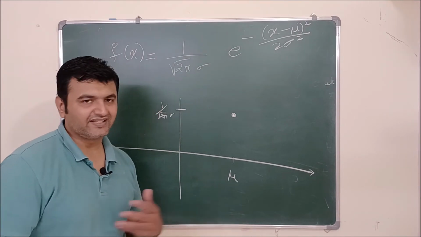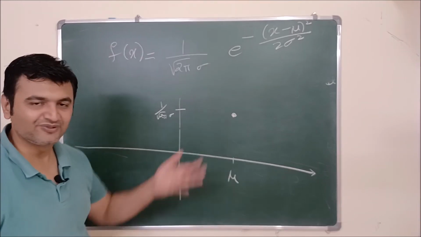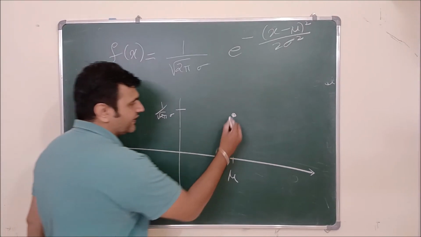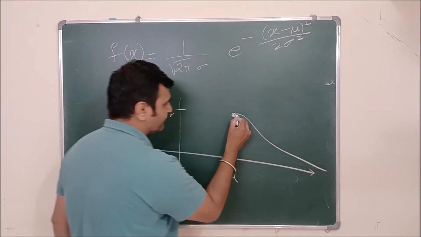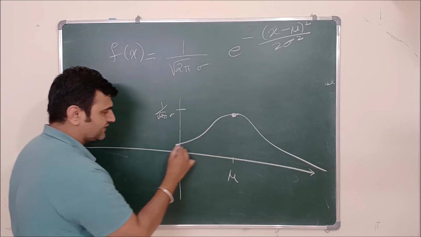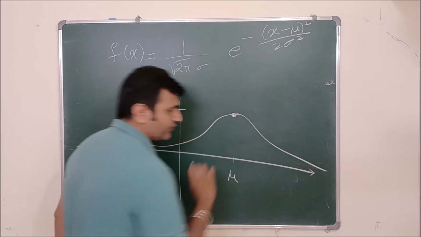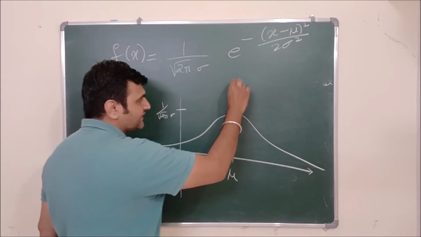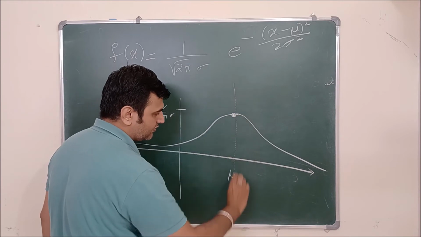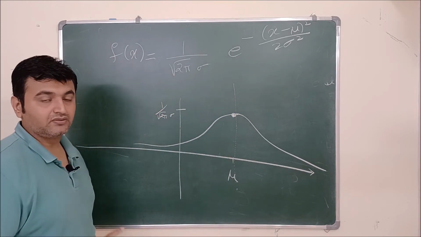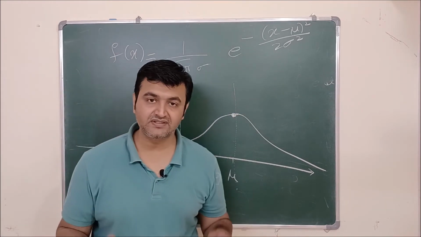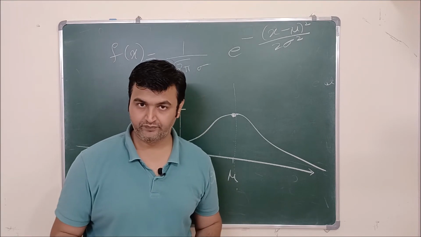It's a critical point and the double derivative is negative and all those things. And if you try to draw it, because of the inflection points and concavity, this is the graph you get. It is symmetric about the line x equal to mu. So the normal distribution is always symmetric about its mean.